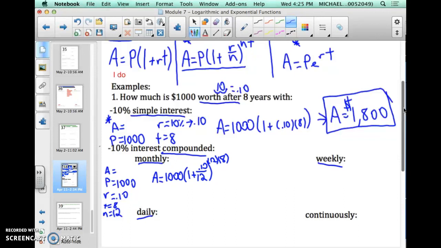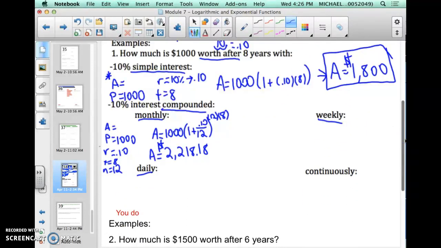All right, and that formula will give me a new value of $2,218.18. So if you notice, it increases. It compounds monthly versus just simple interest. Your amount increases after a year.